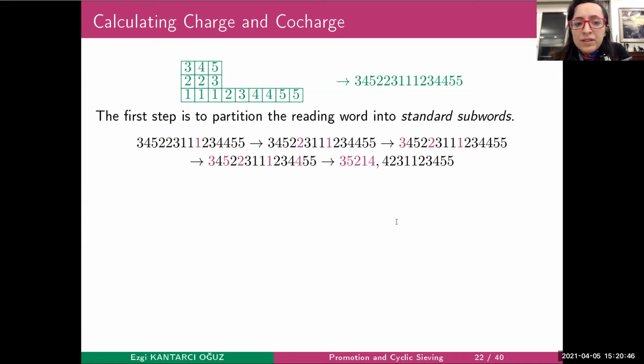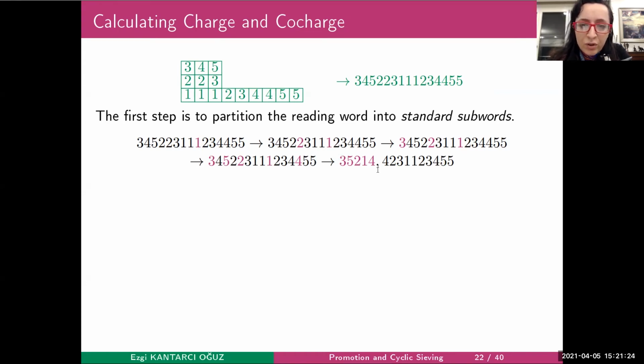And how we do it is we basically go from right to left, finding a 1, then finding a 2, finding a 3, finding a 4, and when we run out of numbers, we just cycle back to the right hand, and we do that till we get all the numbers we can. So here we got 1 and then 2, 3. We went to the other end of the word, found the 4, found the 5. And now that we got all 5 numbers, that's going to be our first subword.